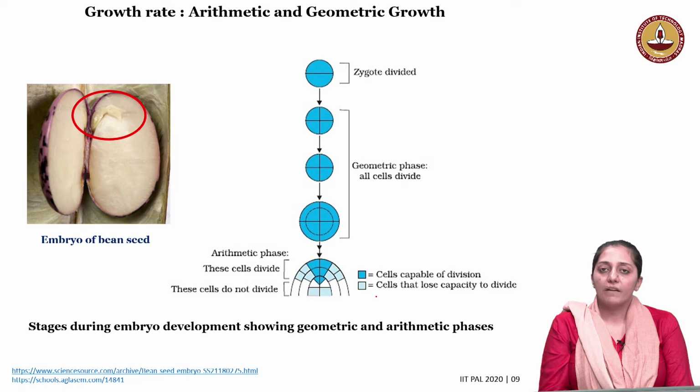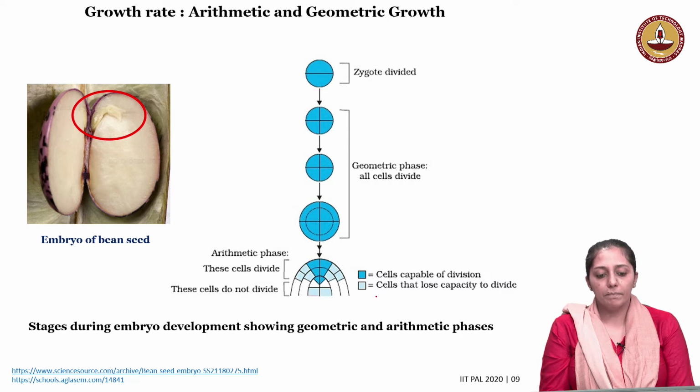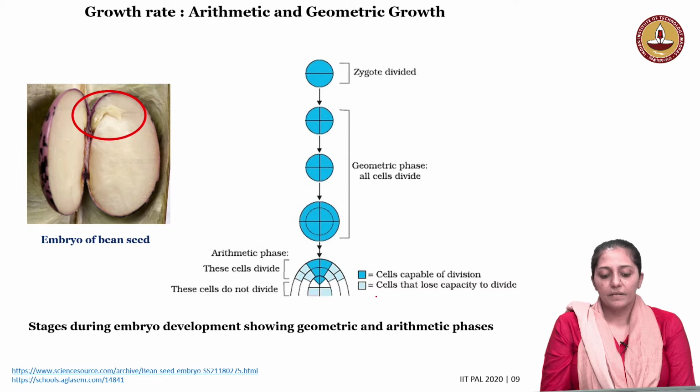Now, we have come to know what arithmetic growth is and what geometric growth is. Here we have stated an example where one can see both arithmetic and geometrical growth patterns during plant growth and development. The picture shows the embryo of the bean seed. During the embryo development phases, it begins with the zygote dividing using a geometrical growth pattern, and keeps dividing.